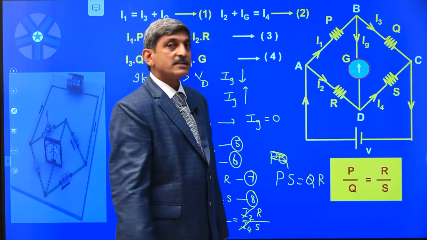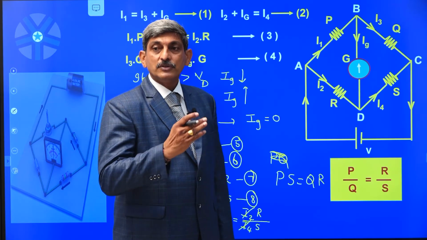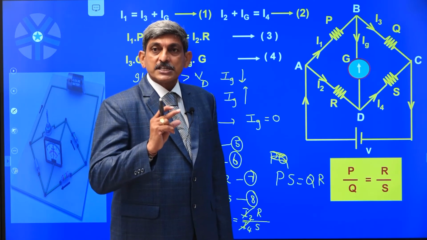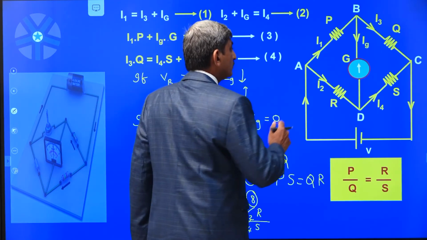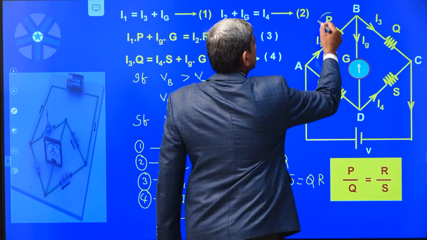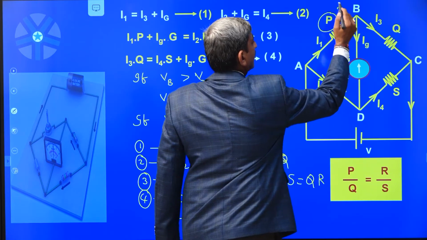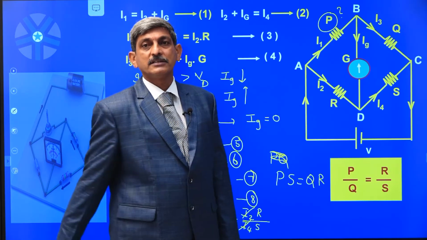Now using this balancing condition, we can determine the unknown resistance value given for us. Suppose an unknown resistance is given for us. Let us connect the unknown resistance value in the first arm of the Wheatstone bridge. Let it be the unknown resistance which is to be determined.